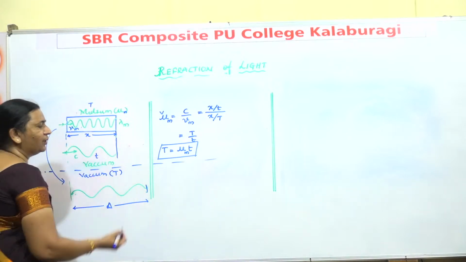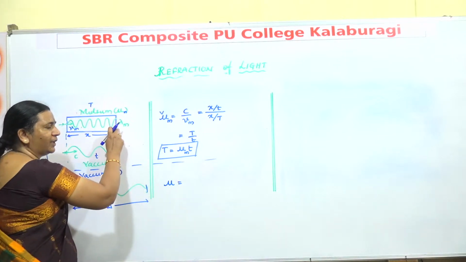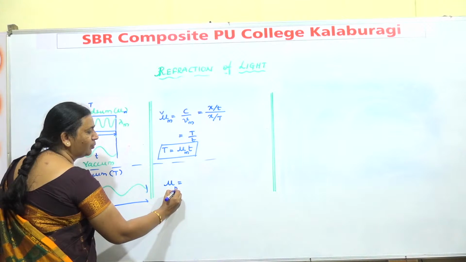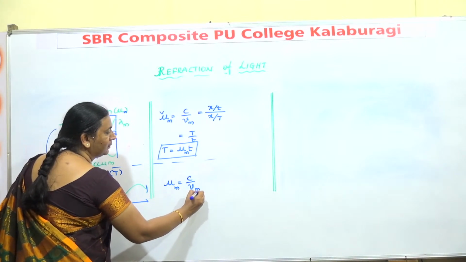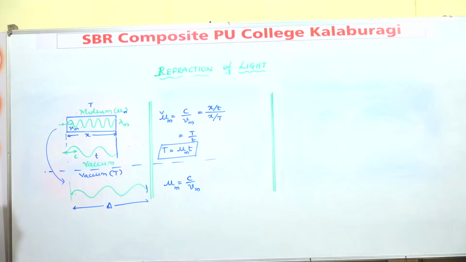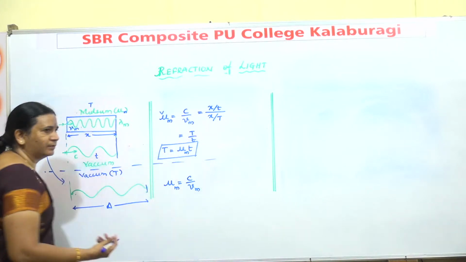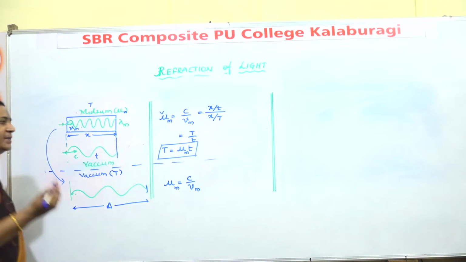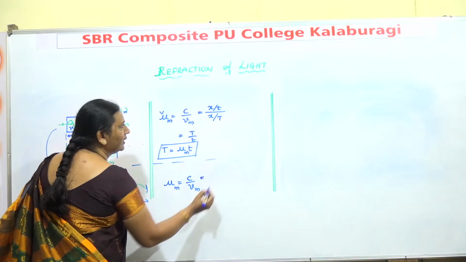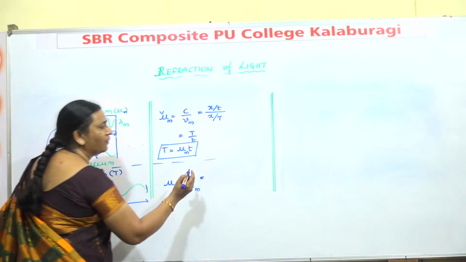So the same thing you can apply. What will you write? Mu, the absolute refractive index of this medium, you write once again as C by V of the medium. But this time, your distances are not equal. Instead, the times are equal. What does it become then? In the same capital T time, it has traversed the distance of x.